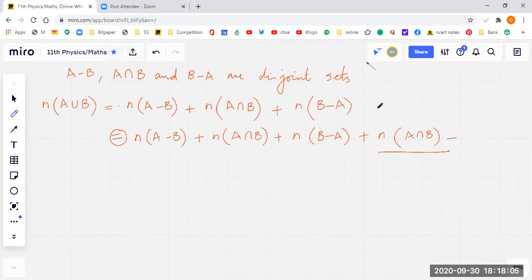So I'll say minus number of elements in A intersection B. See, it's something very simple I've done. I've added something, I've subtracted something. Net result is 0.